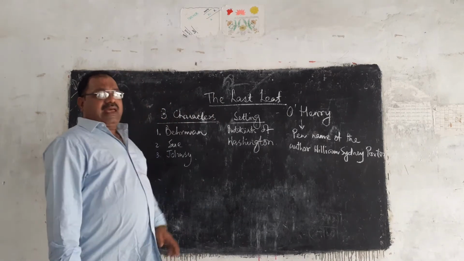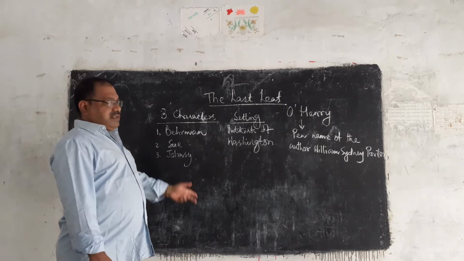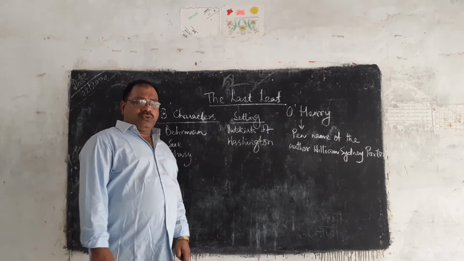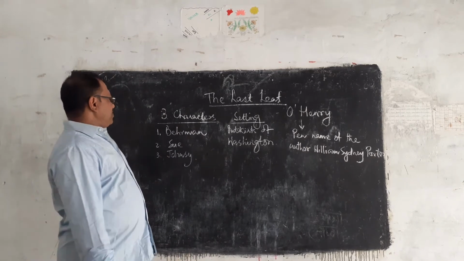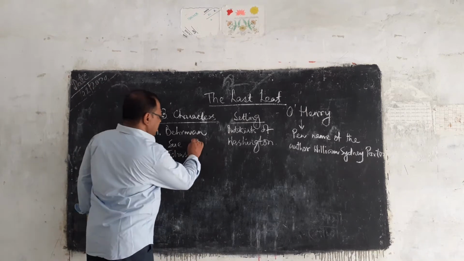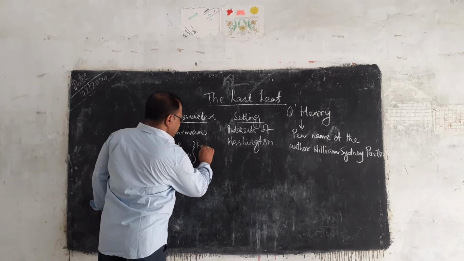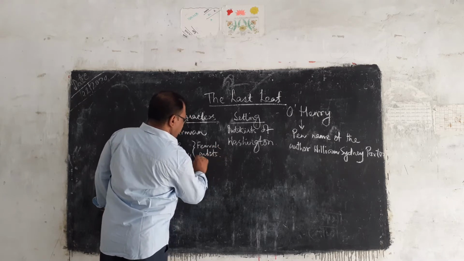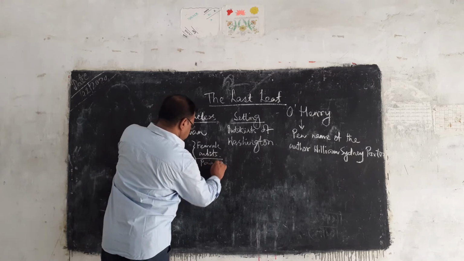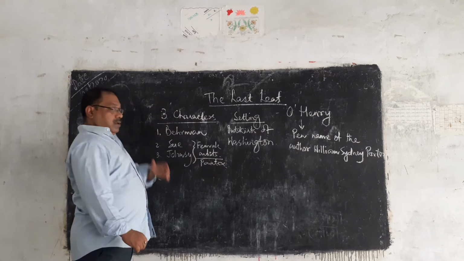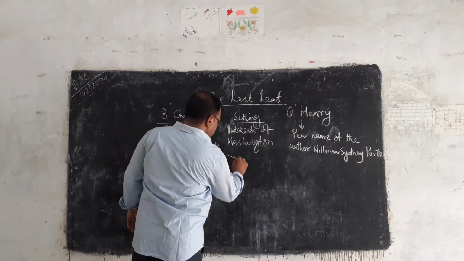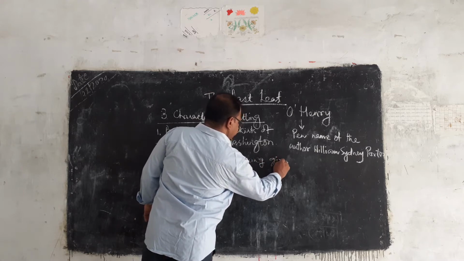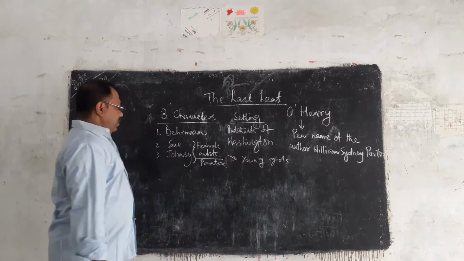Now, let's come to the character traits of the three main characters of the story: Berman, Sue, and Johnsy. Sue and Johnsy are female artists, or you can say painters. Both are young girls.